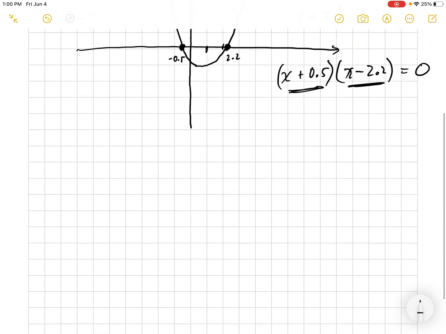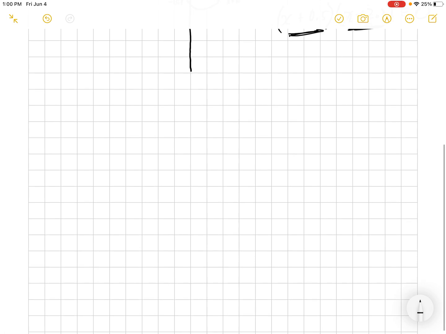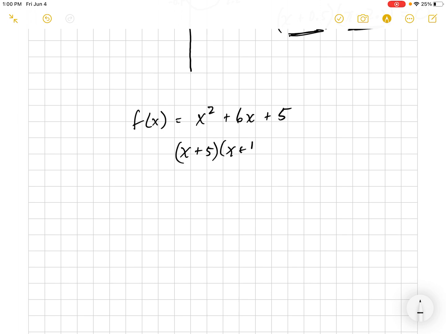This time we'll actually consider a polynomial. f of x equals x squared plus 6x plus 5. Now, we know that we can factor this as x plus 5 and x plus 1.